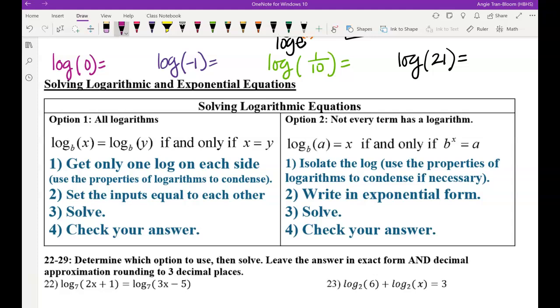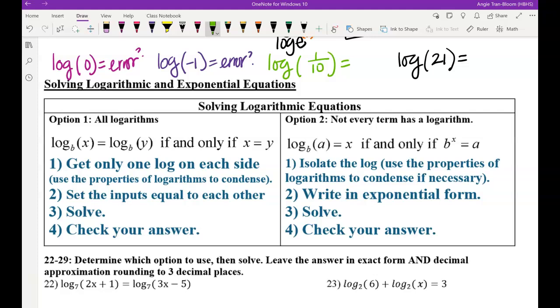Okay, so can you tell me what happened when you punched in log of 0? What did the calculator say? Did it say error, not possible maybe, right? How about log of -1? Another error, not possible? How about when you punch in log of 1 divided by 10? Did it give you an answer? And what kind of answer?